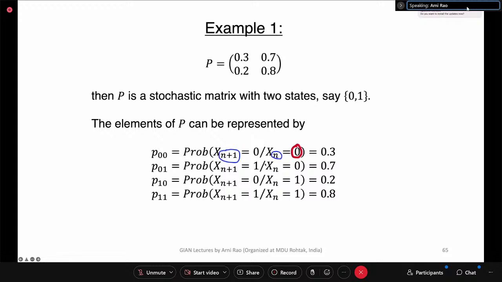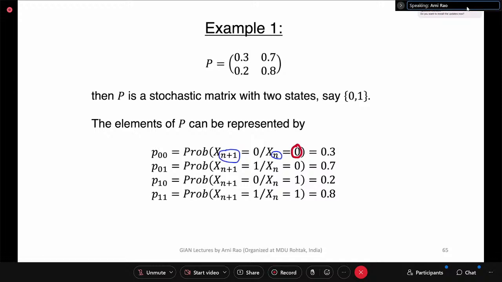That means the value of the random variable at the nth time step is 0, and at the n plus 1th time step is 1. That is P01. The red color thing is a state. This is a time. So please note down that thing, state and time.